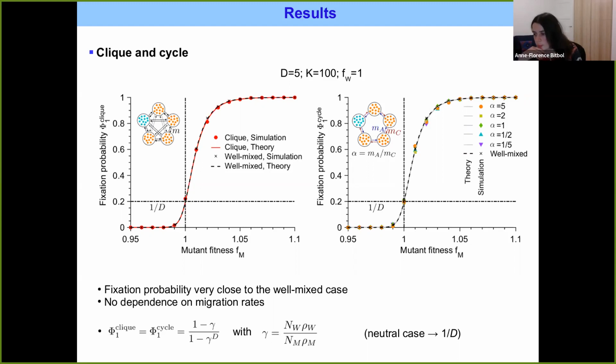In fact, there is a theorem, called the circulation theorem in the case of one individual per node, which states that if the sum of incoming migration and the sum of outgoing migration are the same for each node, then fixation probability is the same as in the well-mixed case. But that's only for probability. You are completely right that for the time, it's different, and indeed here it would be different. That's a very good point.